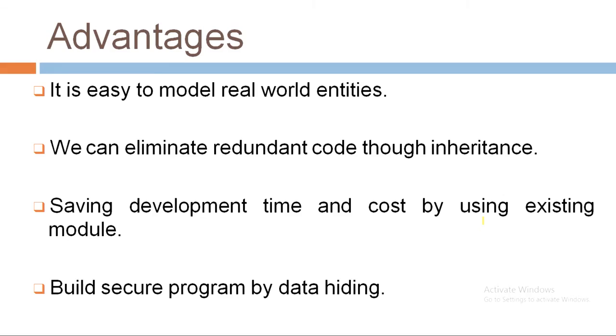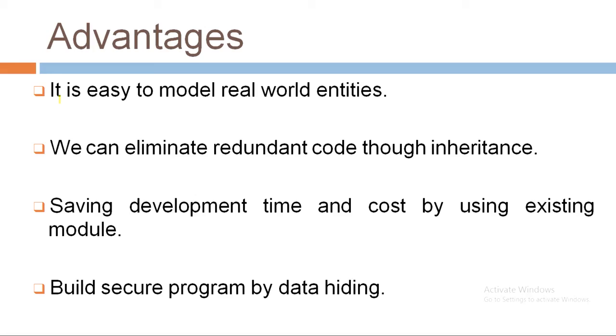Now let's discuss the advantages. What are the advantages of object-oriented programming? Whatever we know about the basic concepts, these are all new features of object-oriented programming, and all those features provide advantages. The first advantage is that it is easy to model real-world entities.